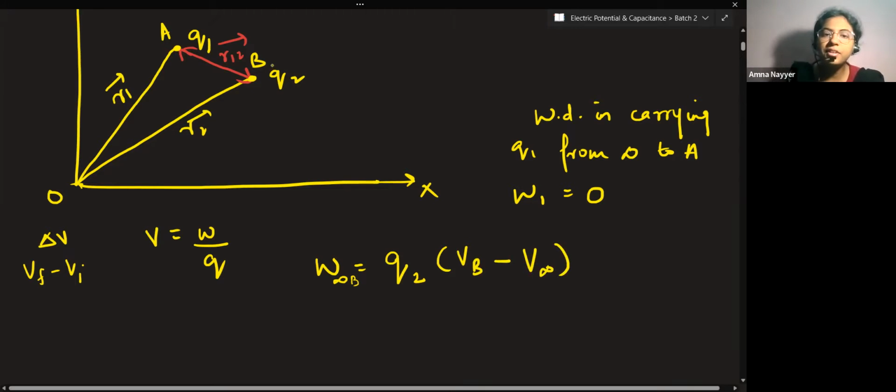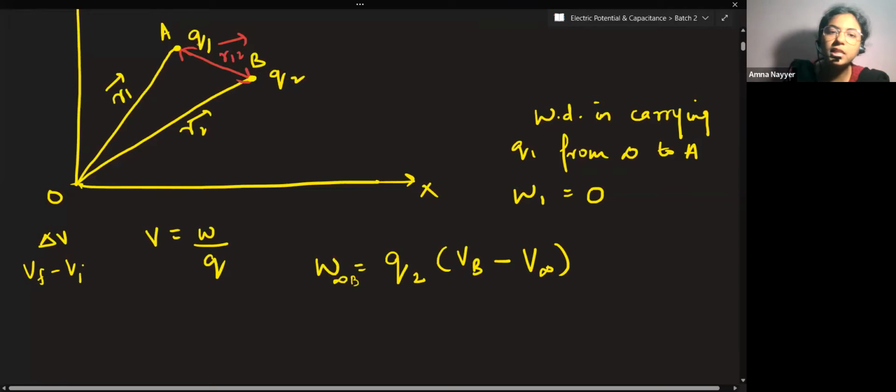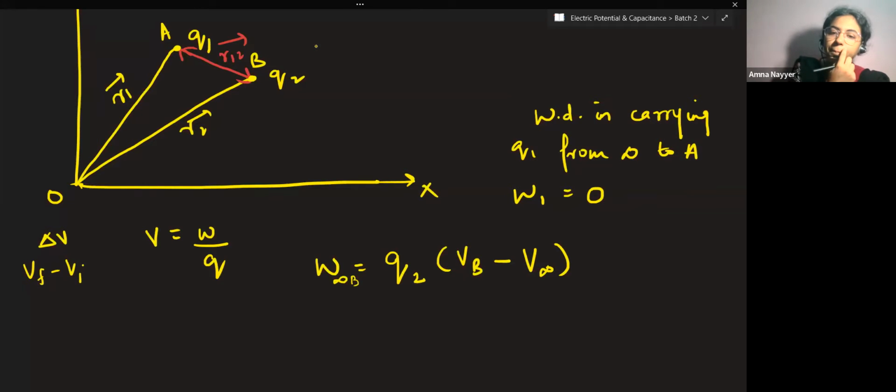Now regarding VB, potential at point B is generated by what? It is generated by Q1. Q2 has been brought, but the potential is generated by Q1 only. So the formula, Rishan, you tell me, at this point B, if Q1 is the charge, R12 is the separation, what will be the potential?